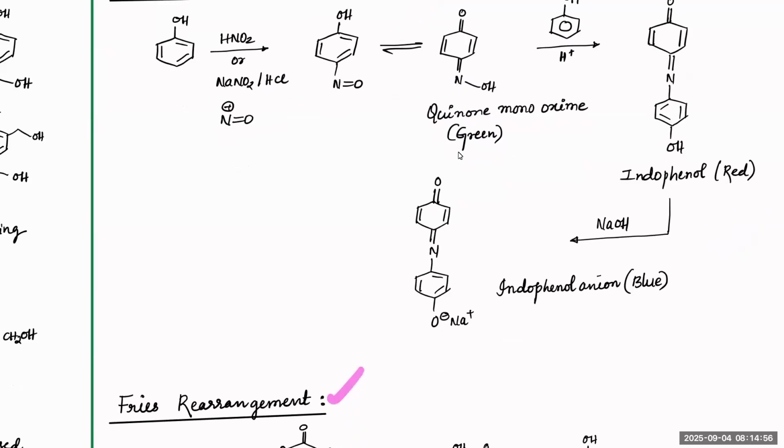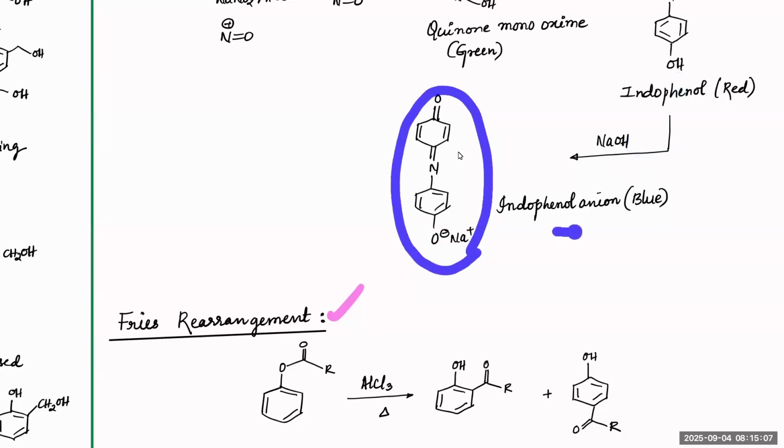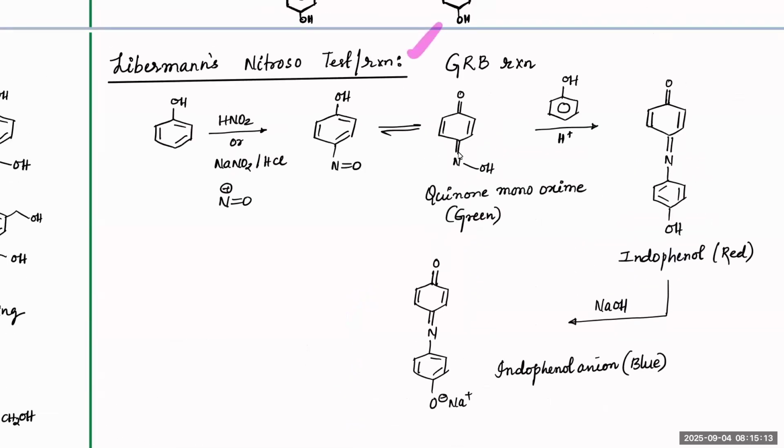And thereafter, if you take this indophenol and add it to basic medium, OH minus will take H plus from here, convert into this O minus, which will appear blue color. This is called GRB test, or green, red, blue Lieberman nitroso test.